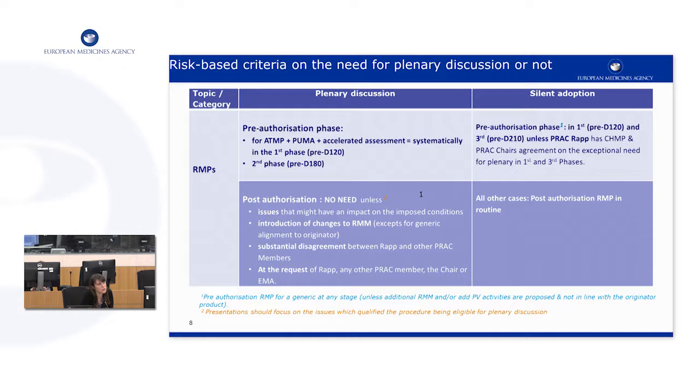As I said, these procedures are usually for silent adoption. So as you will see in the minutes, we only have a very small subset of procedures from sections 5.2 and 5.3 that went for discussion.